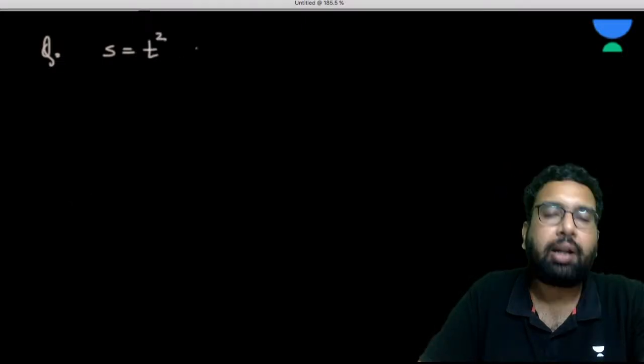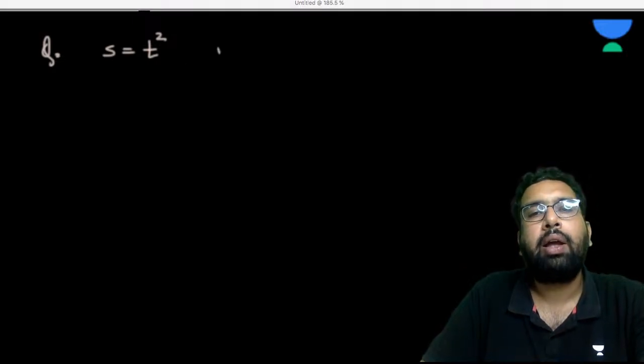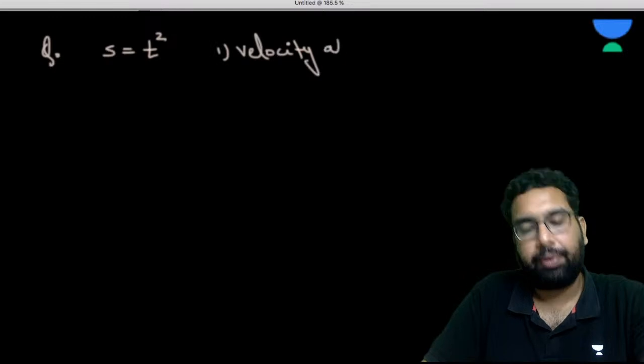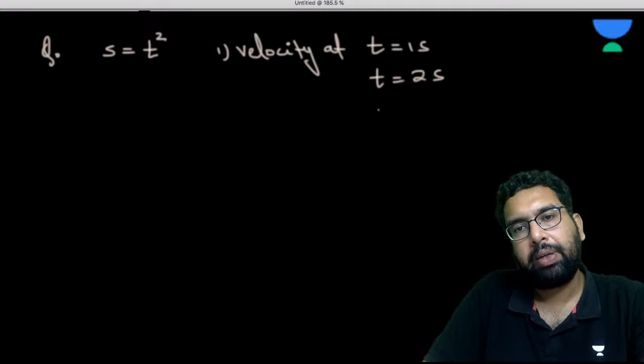So let's suppose we are given a function of displacement, that is s is equal to t square. We need to find the velocity at t is equal to 1 second, t is equal to 2 seconds, t is equal to 3 seconds.